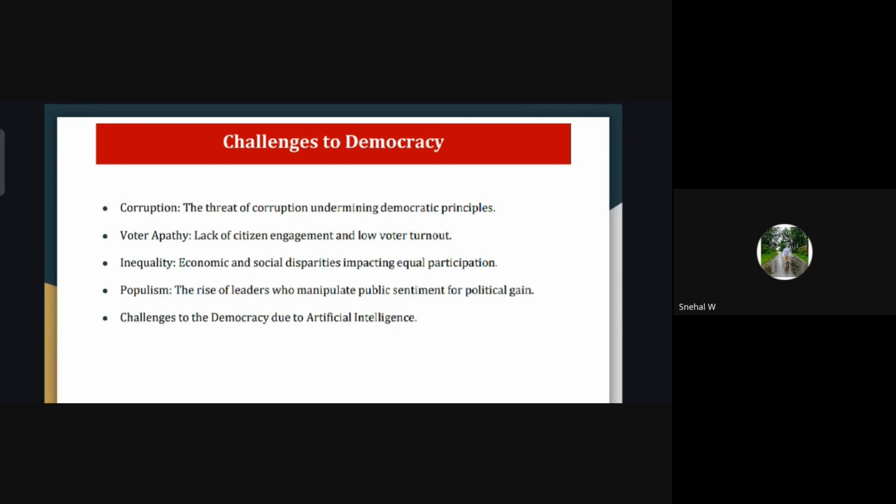Here again, voters and their votes matter a lot, because whenever it comes to democracy, it is expected that people are supposed to come out of home, visit the nearest polling booth, and cast their vote.